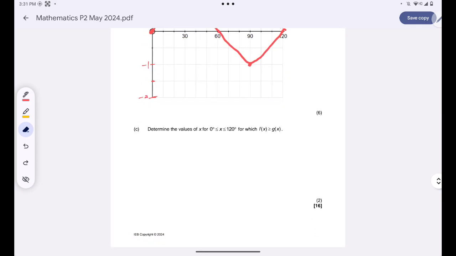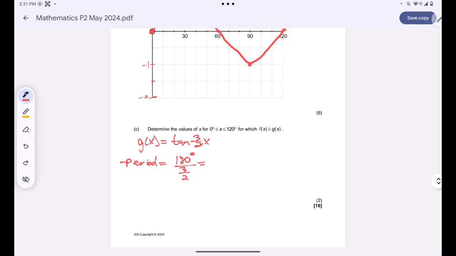Okay, for tan, I was told that g of x is equal to tan 3 over 2 x, right? First thing I need to do is to find the period. The period of my graph is always 360, 180 all over the coefficient of x.